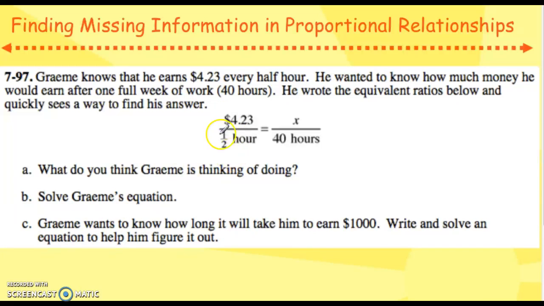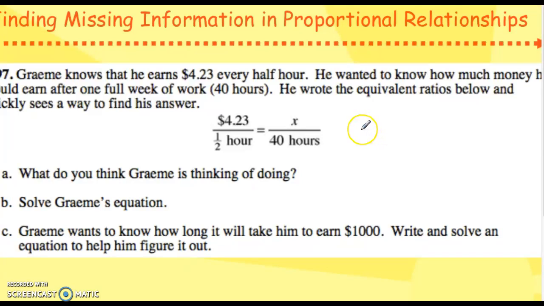When I look at this, I think the easiest thing would be to change a half hour into 1 hour. So if I change a half hour into 1 hour, then because I'm changing it from a half hour to 1 hour, I would change my amount that I make.